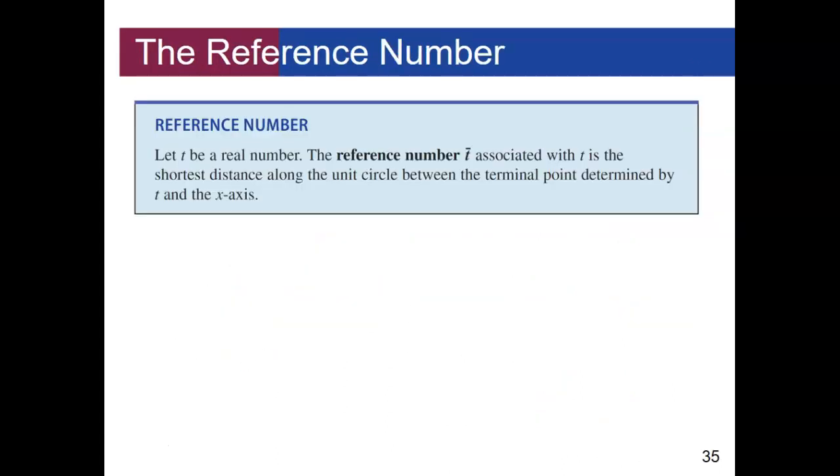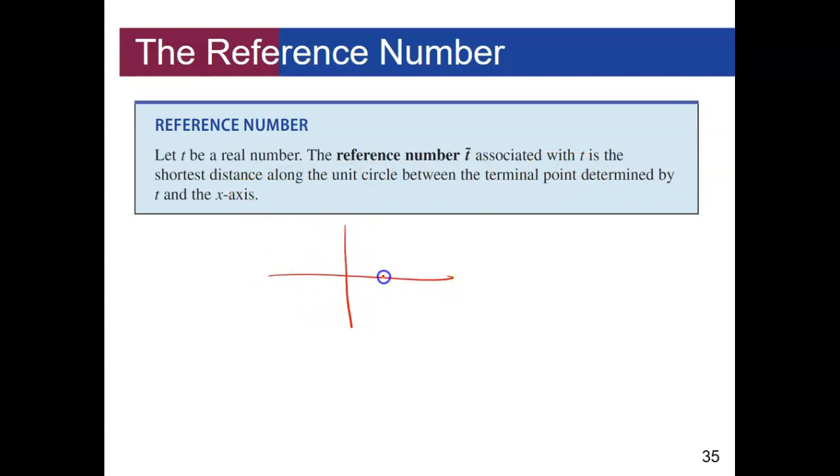Okay, finding a reference number is really important. The reference number has the little line over the top, so if you see the line over the top, that indicates the reference number. It's the shortest distance along the unit circle between the terminal point determined by t and the x-axis.